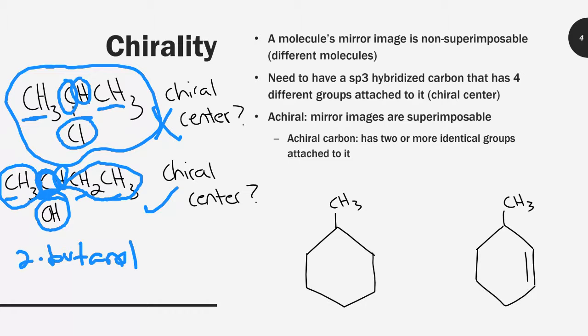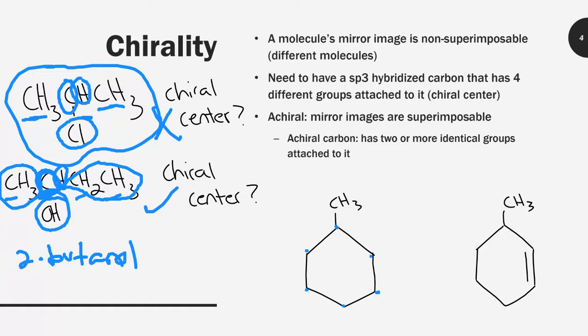These down here, the rings can get a tiny bit confusing, so we'll go through a few of those. I know all of these carbons on the ring cannot be chiral because they have 2 hydrogens each.